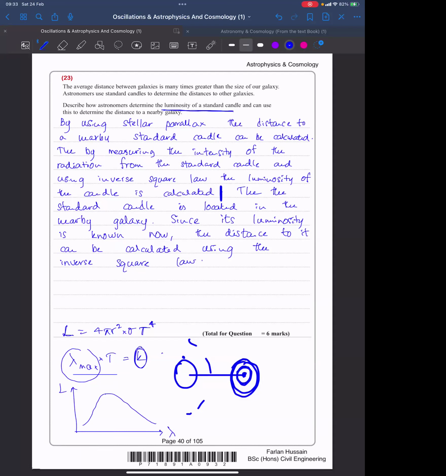So when the luminosity is known, you can get the temperature. Again, listen. When the luminosity is known, you can get the temperature. So by taking the temperature and using this equation, you can find the R.